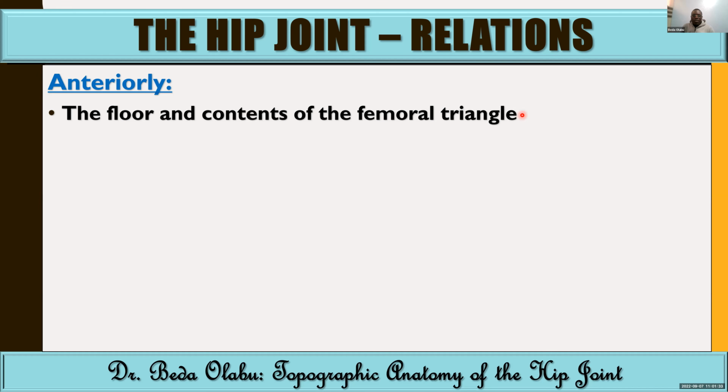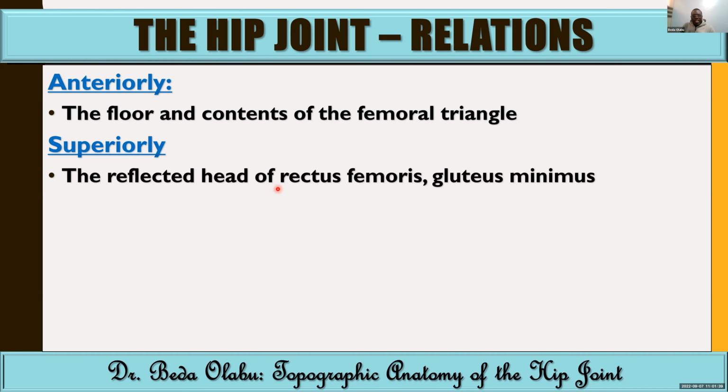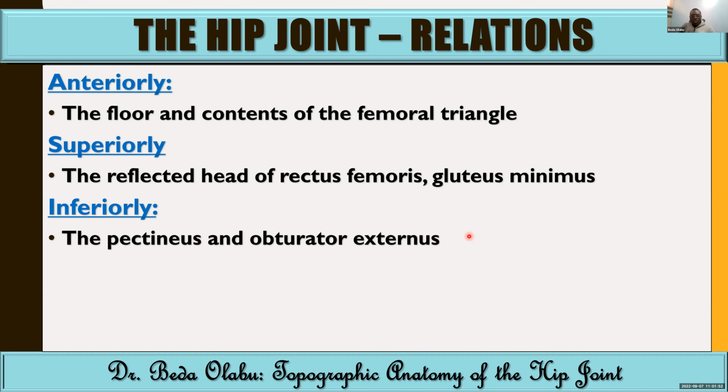So remind yourself, those structures are the ones which are in front of the hip joint. How about superiorly? We have the reflected head of rectus femoris, as well as the gluteus minimus muscle, being on the upper part of the joint. And then below, we have the tendon of obturator externus, as we've mentioned.